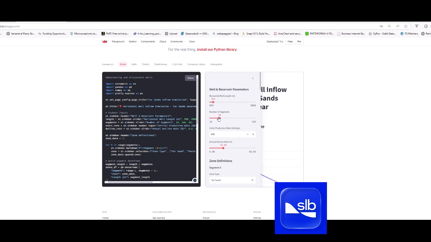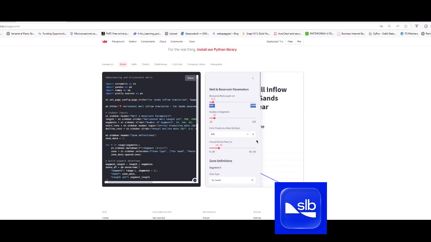We have a number of segments, in this case 20 segments. The initial production rate is 4000, and to apply the distance decline rate is 10. And we also have zonal identification, these are the input parameters that you can choose.